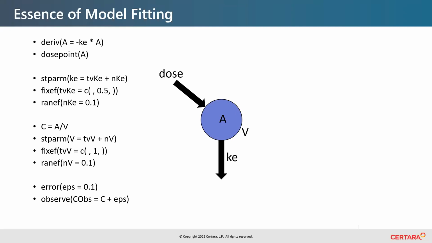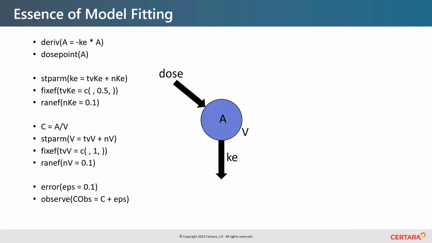And the letter N is the closest thing in English to the Greek letter eta. So I say that eta KE is the amount by which it varies per individual, because every individual will have an independent KE.